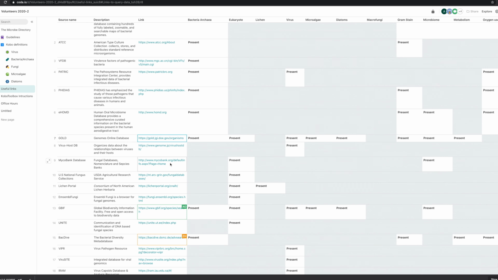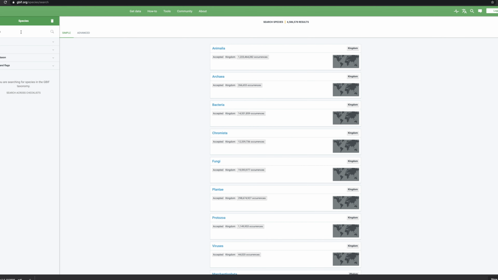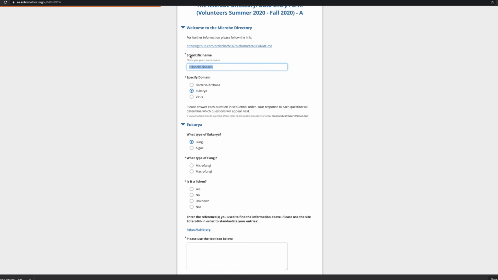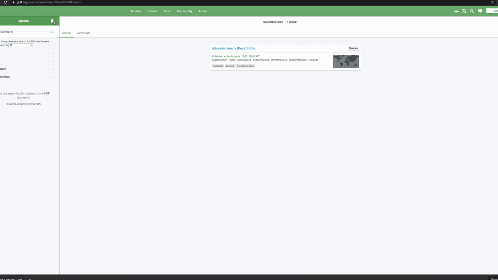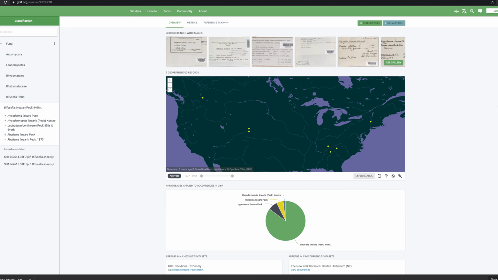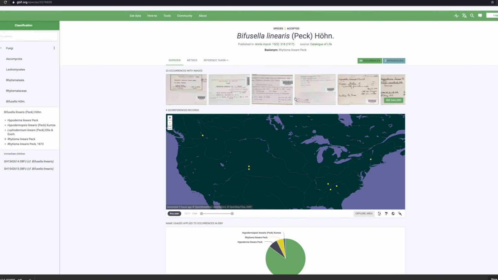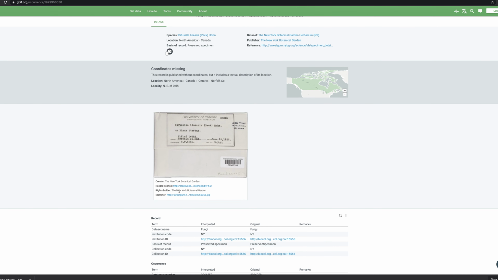We're gonna go to the next one, which is GBIF, and we are going to paste our species right here. We have some information, and we actually have a description right here. So here we have the creator or the author of this is the New York Botanical Garden, and that's it.